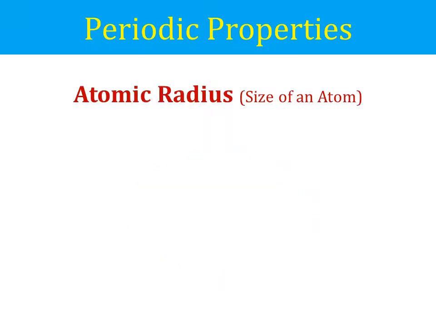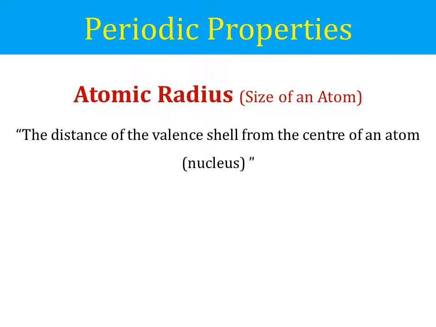We are now focusing on the definition of atomic radius. Though I have discussed it earlier, I'm going to revisit that definition again with a proper diagram to explain. So it is the distance of the valence shell from the center of an atom, that is the nucleus.